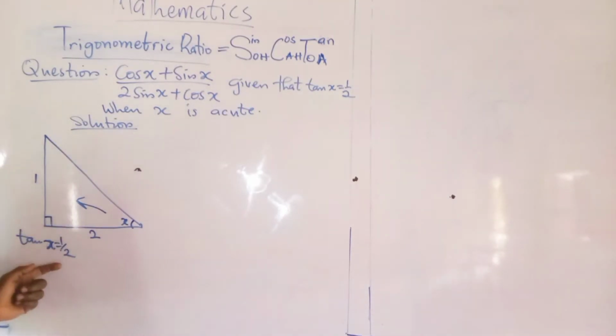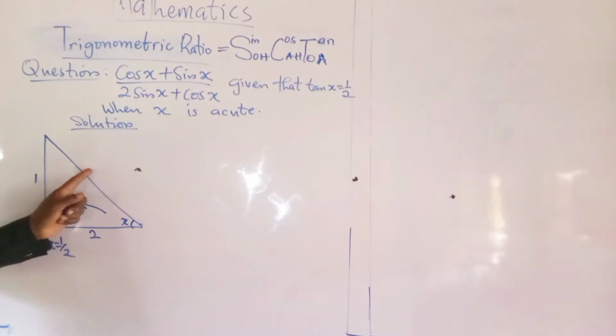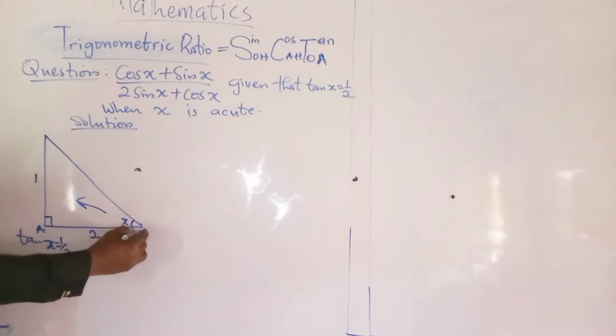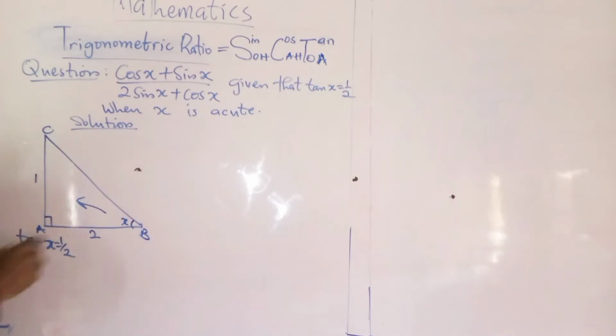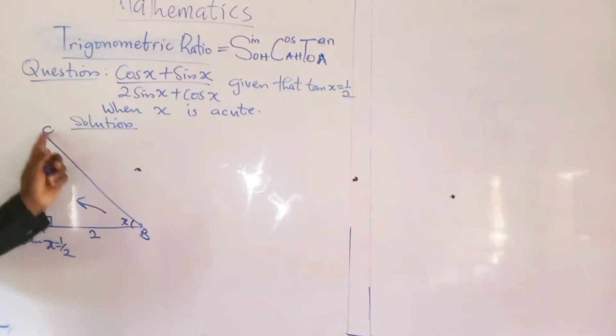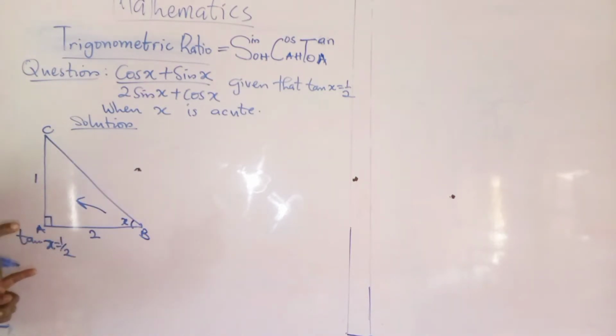That is tan x. Now, in solving this problem, we must use Pythagoras theorem. Let me say this is A, and this is my B, and this is my C. Pythagoras theorem says that the square of the hypotenuse is equal to the sum of the squares of the opposite and the adjacent.